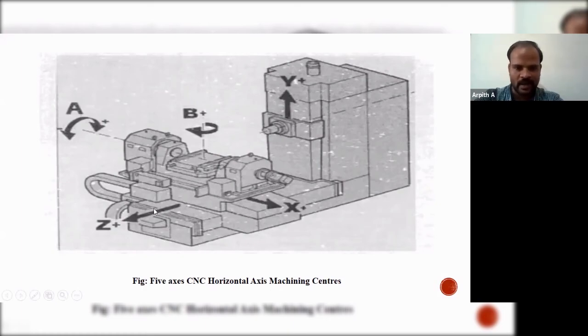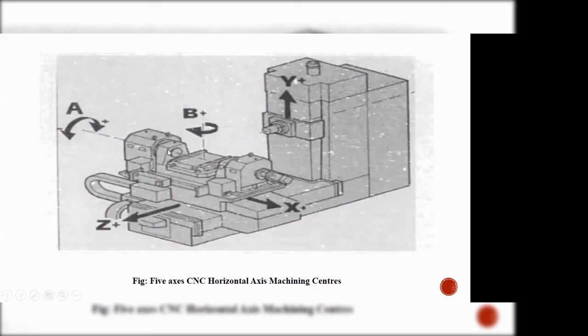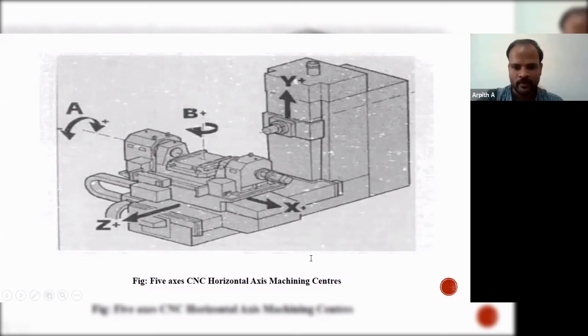The Z-axis is here, the X-axis is horizontal and the Y-axis is vertical. Rotation about the X-axis is A and rotation about the Y-axis is B, but there is no rotation about the Z-axis. So how many axes do you get? X, Y, Z and A and B. So how many axes? 5. Right? This is how it looks. So I want to show the video of this. You just hold on.